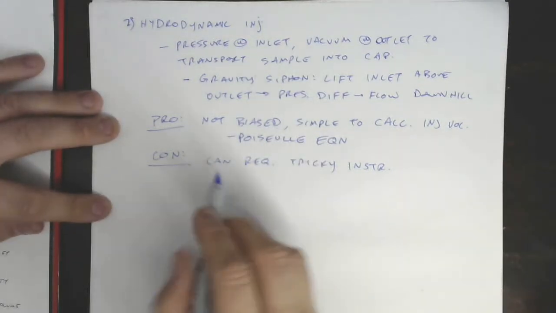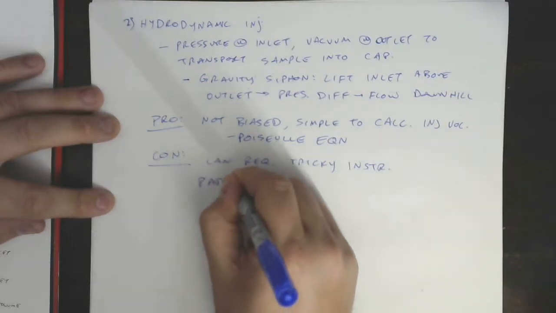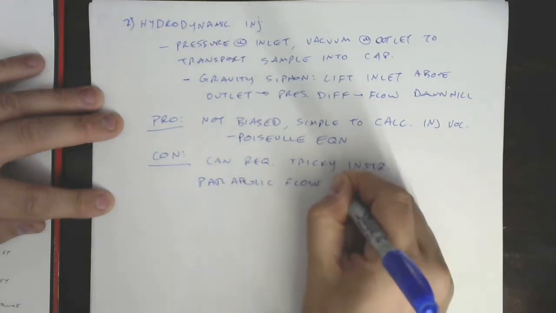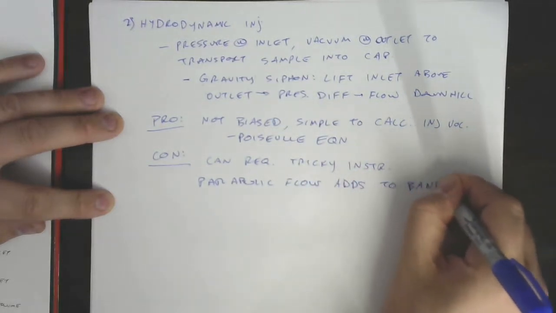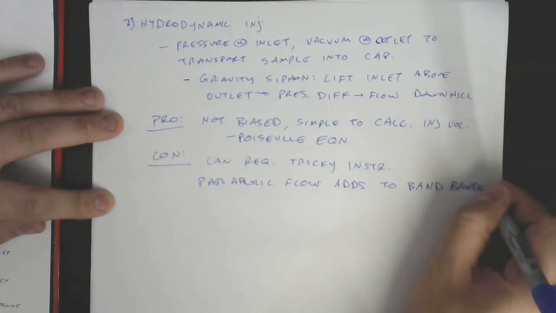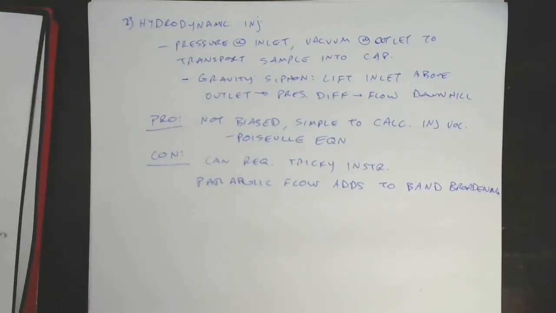Another thing is that, of course, pressure-driven flow is parabolic, and so that momentary parabolic flow adds to band broadening. It deteriorates your peak efficiency, your number of theoretical plates.